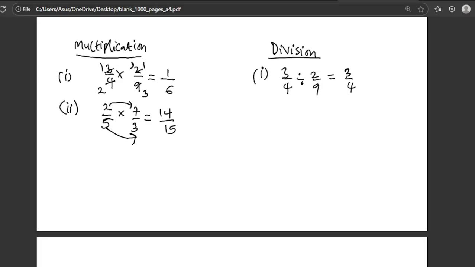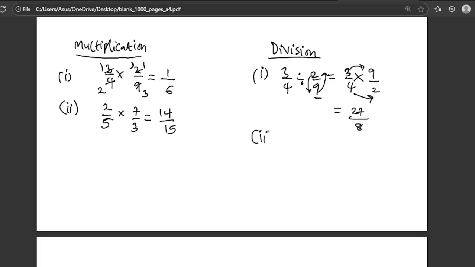The number after the division sign, the second number, you invert it. The number at the bottom here, take it to the top, and the one at the top, take it to the bottom. So that's 9 over 2. Proceed: 3 times 9, 27. 4 times 2, 8.